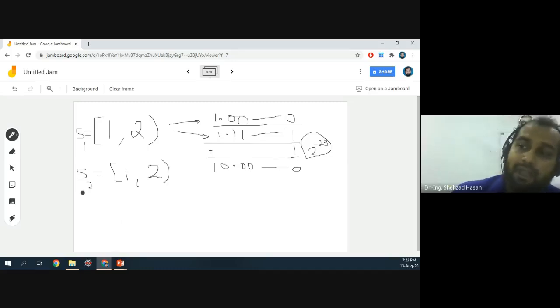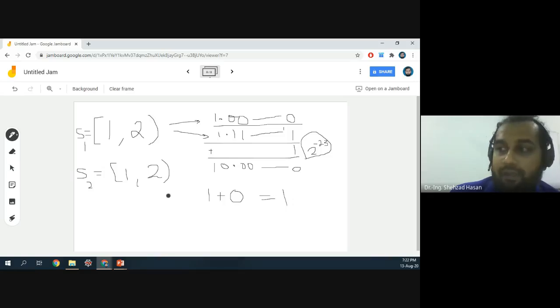But it might happen that this number is small and needs many shifts to the right to make its exponent equal to that of S1. If you shift it many times, the value reduces, and when you add them, the number is going to have the minimum value of 1. In other words, you are adding 1 with 0. If you're adding 1 with 0, you're going to get 1. Why are we saying 0? Because this number was smaller and we reduced the magnitude until it became 0. So the final answer is going to be 1.